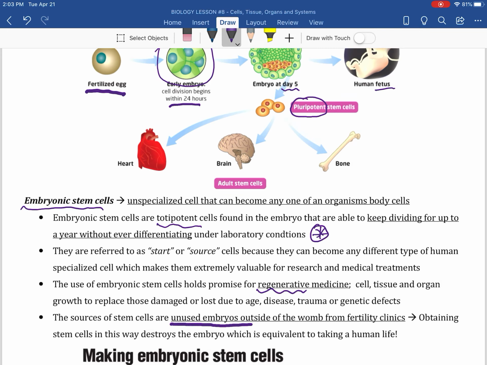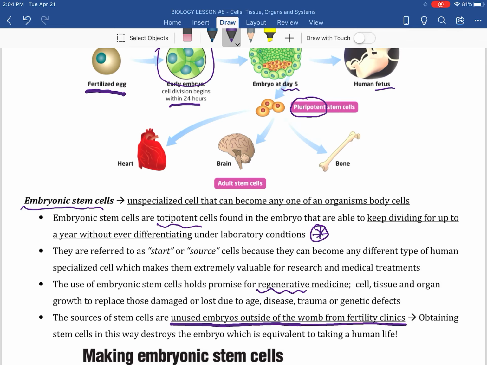However, there is an ethical situation that you've always got to contemplate. You've got to look at where those embryonic stem cells are coming from, because ultimately the way the labs get those embryonic stem cells is they use embryos from fertility clinics that were not used to help women have a child.